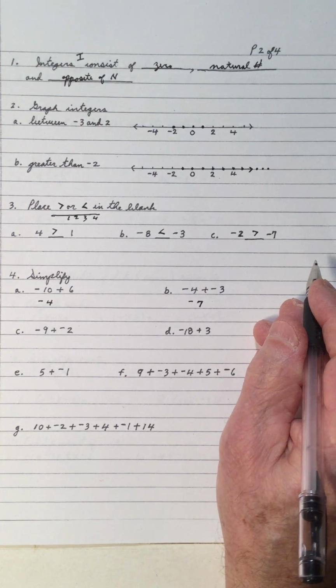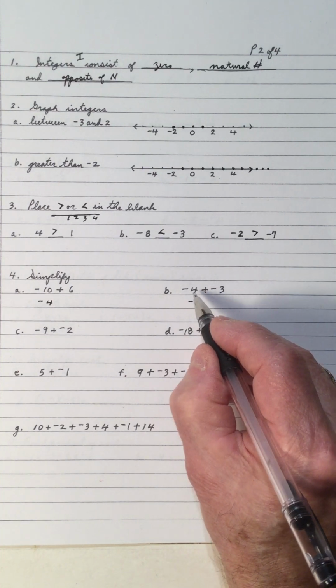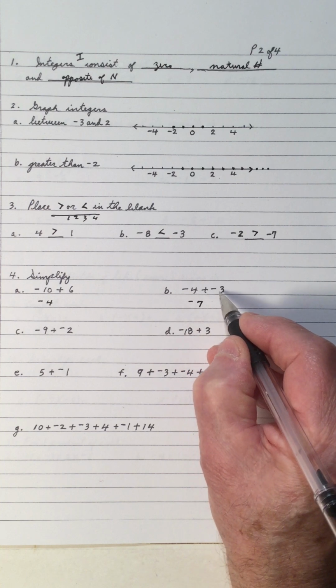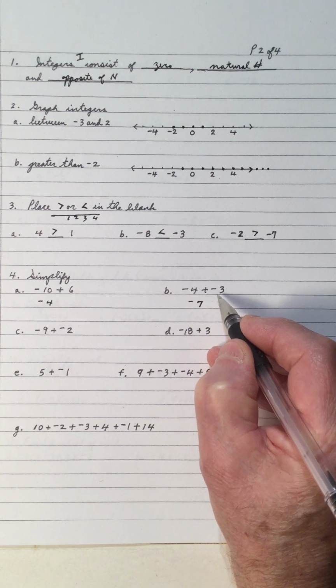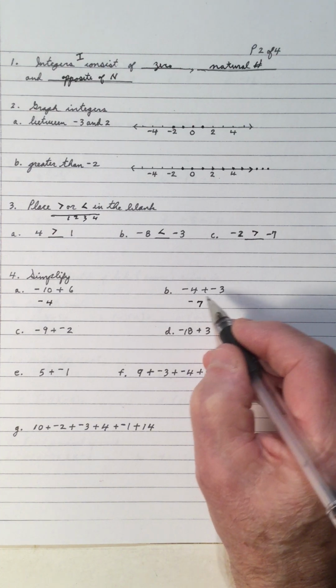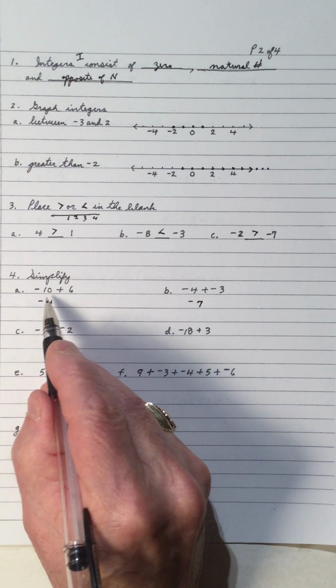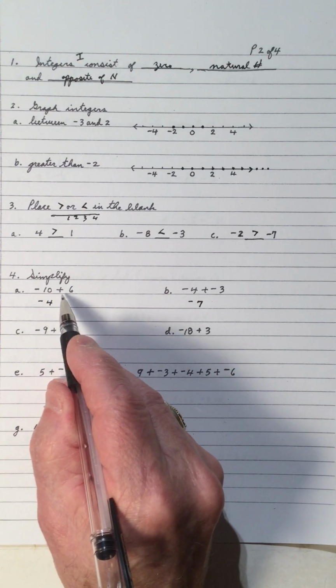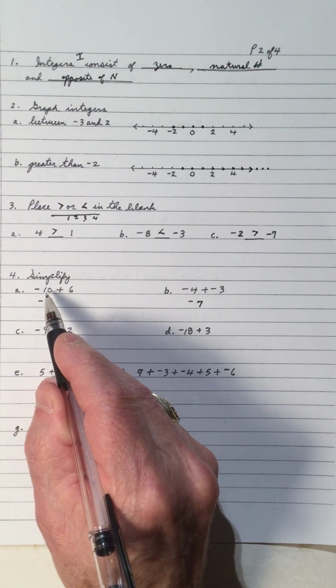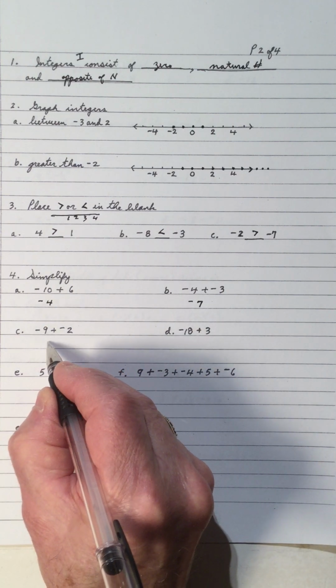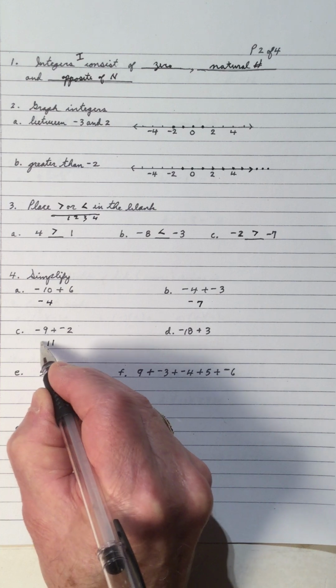Think about it, if you're in the hole 4, and then you're in the hole 3 more, that means you're 7 in the hole. So if you have two negatives, you add them up and take a negative. If you have a negative and a positive, you subtract the two numbers and take the sign of the one which has more positives or more negatives. -9, add on -2. 9 plus 2 is 11 and is negative.